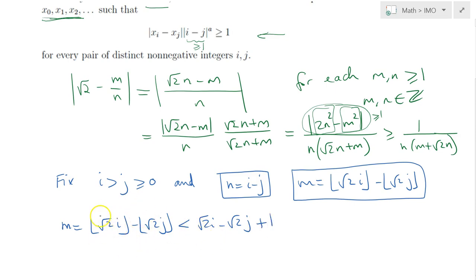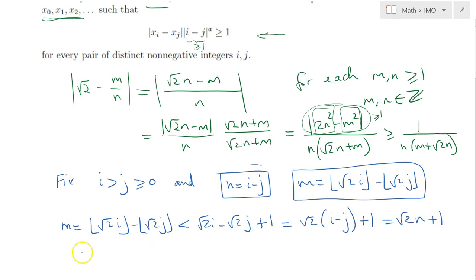It's very easy to confirm this result. You can just move the floors on the left hand side to the right hand side and observe that this whole thing will be greater than 0. That's simply equal to, I can factor out the root 2 here, and I would have root 2 times i minus j plus 1, where i minus j is just n, so root 2 n plus 1.